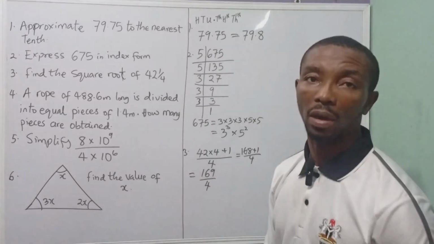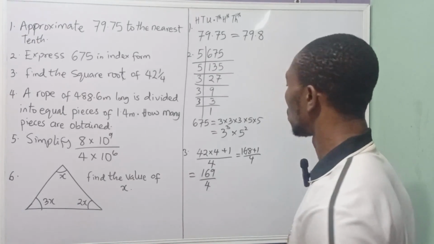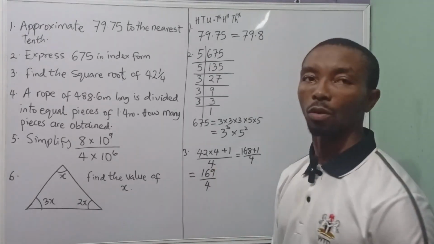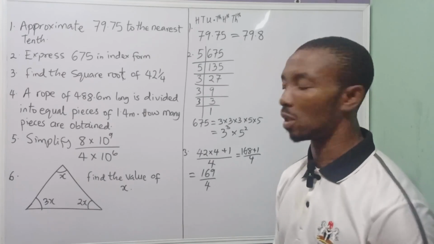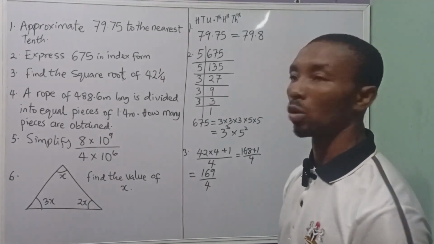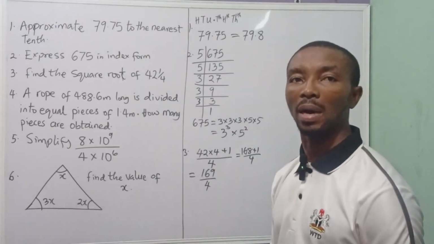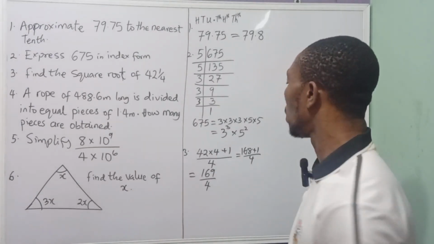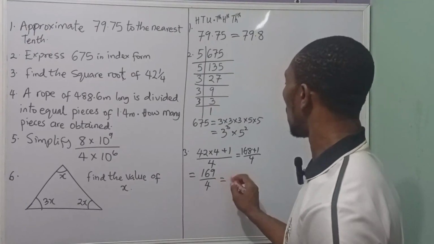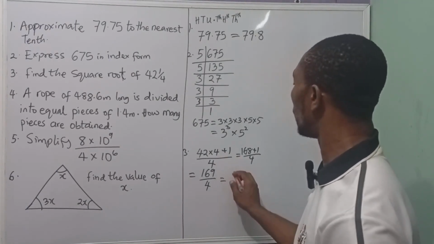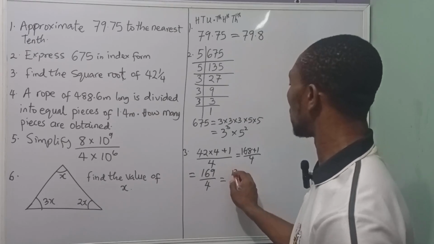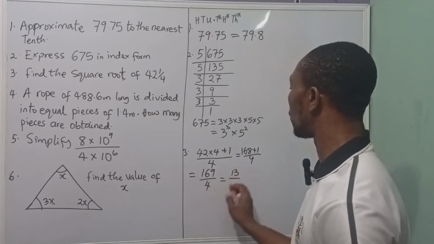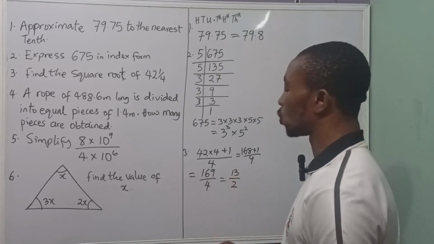Now we can look at our factors of 169. We know that 169 can only be divided by 13. So the root of 169 will be 13 and the root of 4 will be 2.